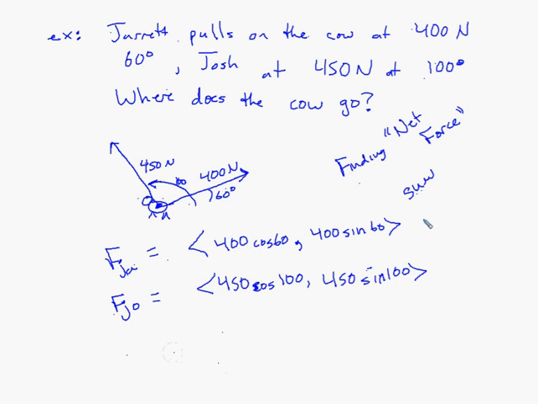Now these are our two forces. Alright? To the nearest whole number, what is Jarrett's vector? 246. And what is the Josh vector to the nearest whole number?